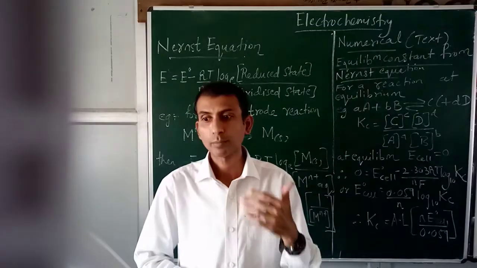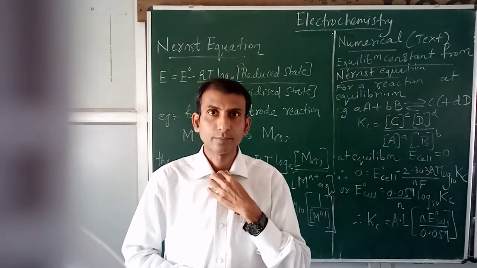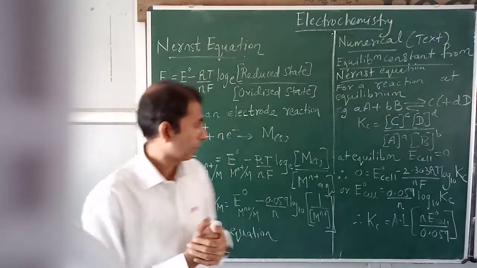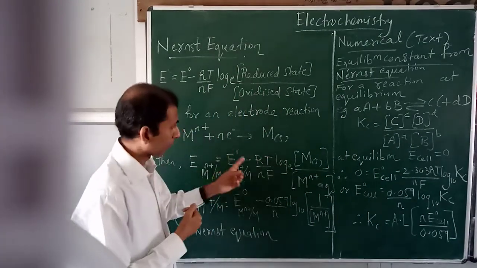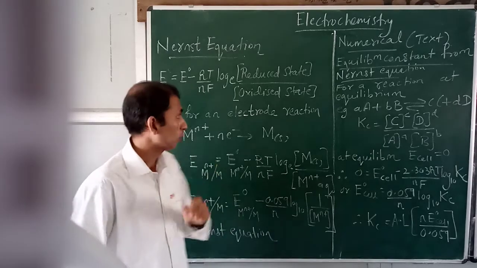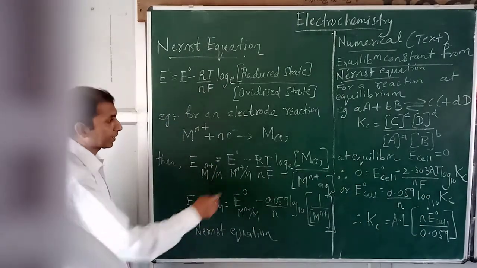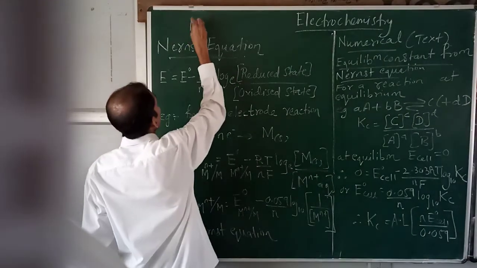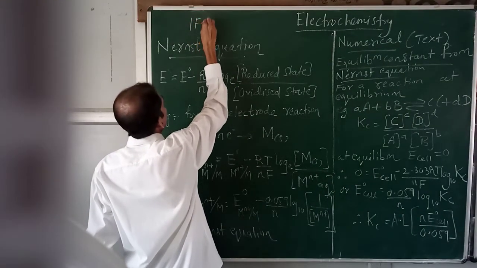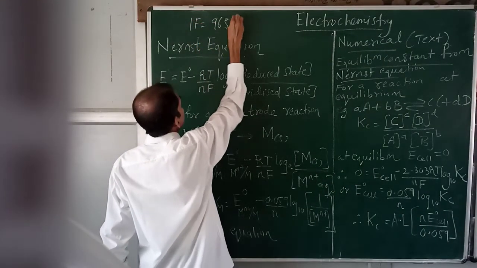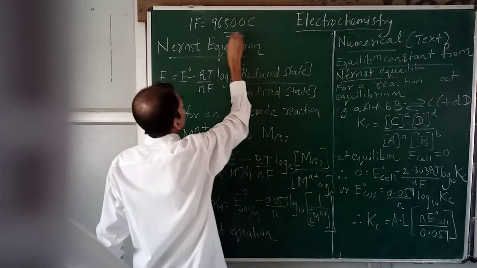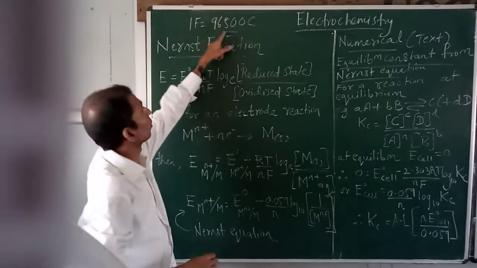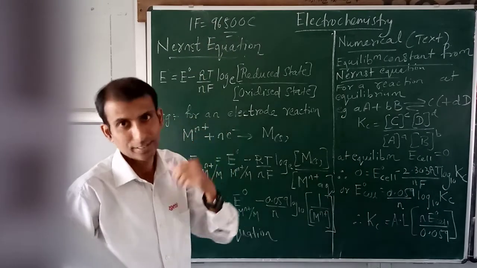Faraday is nothing but the charge flowing through the electrical circuit, and 1 Faraday is equal to 96500 coulombs.